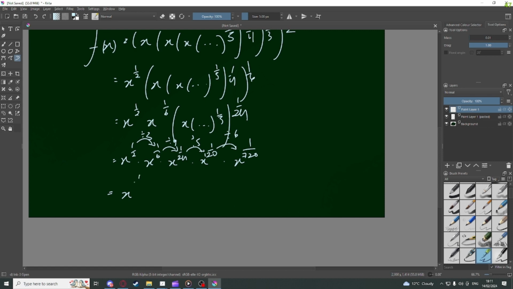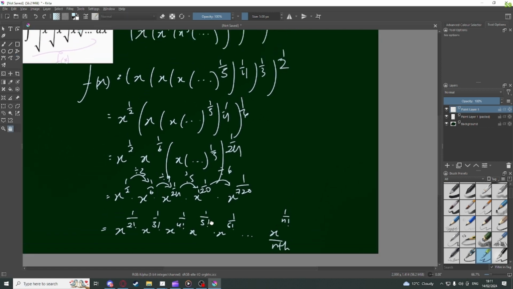So this is x to the 1 over 2 factorial, x to the 1 over 3 factorial, x to the 1 over 4 factorial, x to the 1 over 5 factorial, x to the 1 over 6 factorial, and so on. And the general form is x to the 1 over n factorial for the nth term, or the nth product, I guess, in that infinite product.